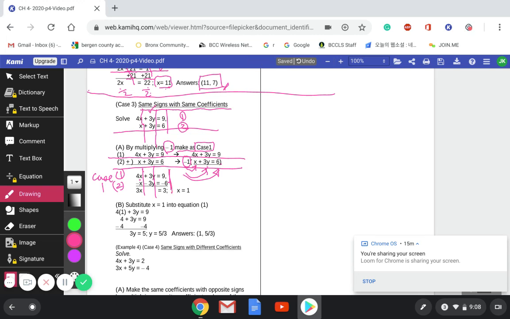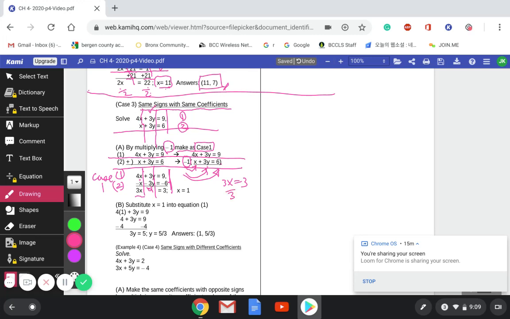So 4x plus negative x becomes 3x. Positive 3y plus negative 3y becomes 0, so you don't write it. And 9 plus negative 6 is positive 3. So you end up with 3x equal 3.